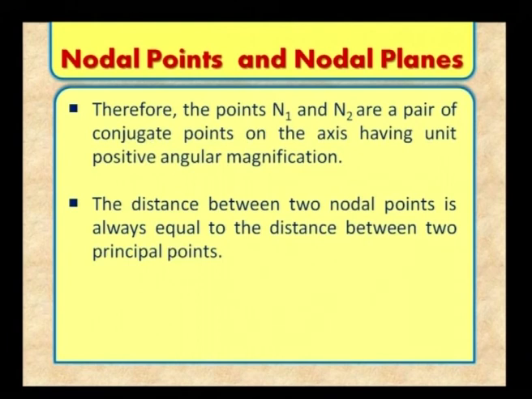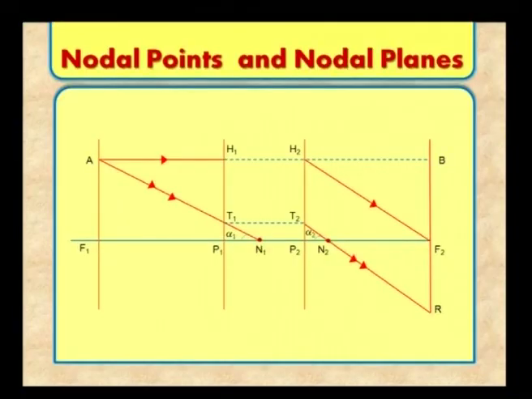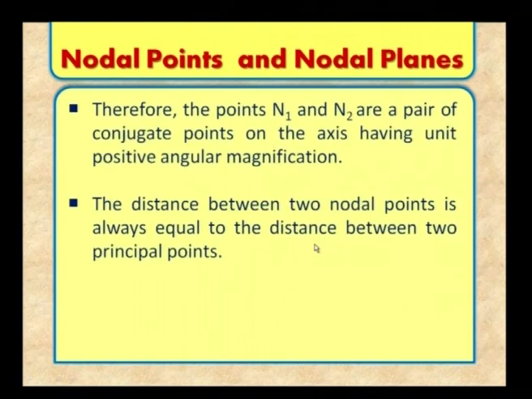The distance between the two nodal points is always equal to the distance between the two principal points, and so the distance separating the two principal points and the two nodal points is one and the same. So, P1P2 should also be equal to N1N2. This is P1P2, right? P1P2 should be equal to N1N2. That is what I mean by saying that the distances should be equal.